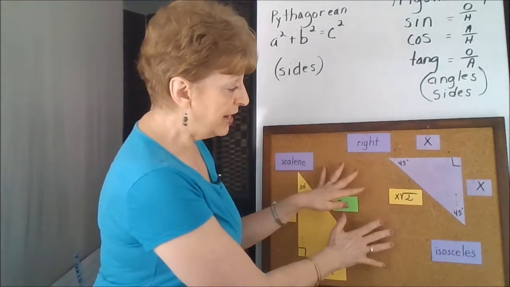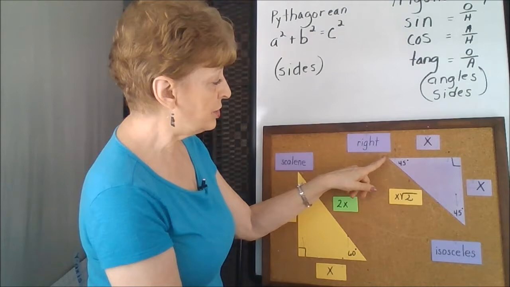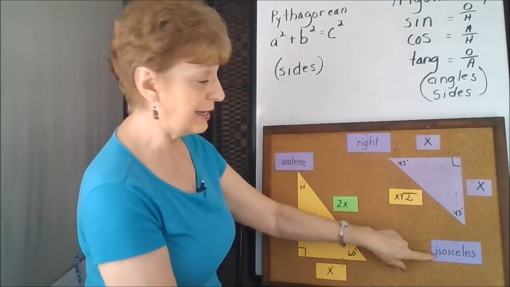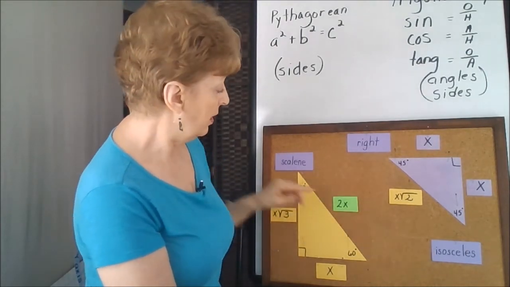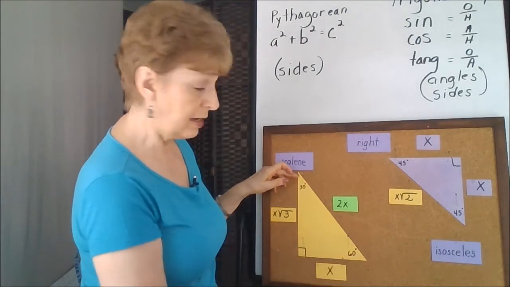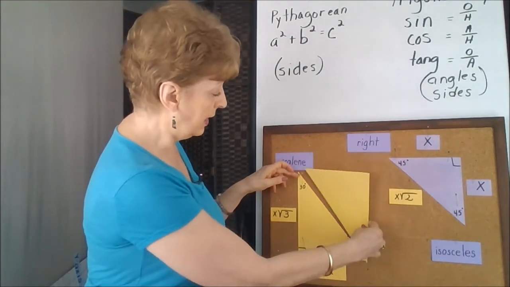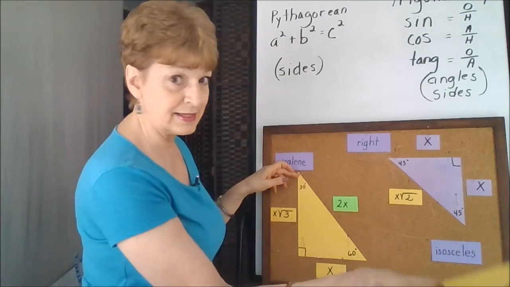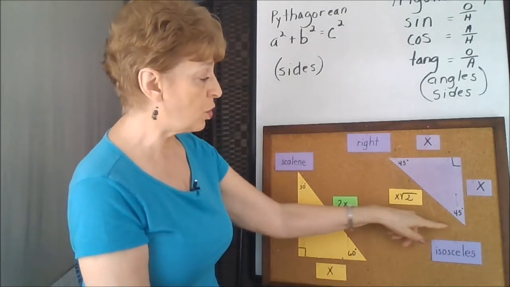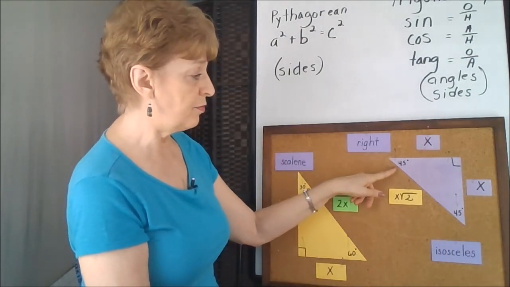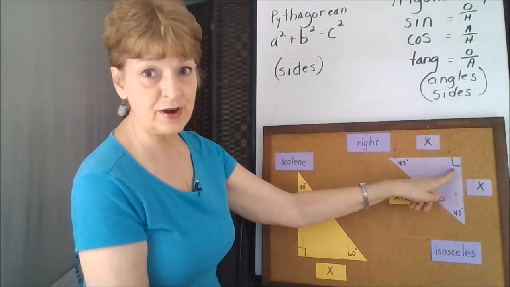The ratios change a little bit when we get into a right isosceles triangle. This scalene triangle was built on a rectangle. Half of a rectangle gave us that. Half of a square gives us the 45, 45, 90 triangle.